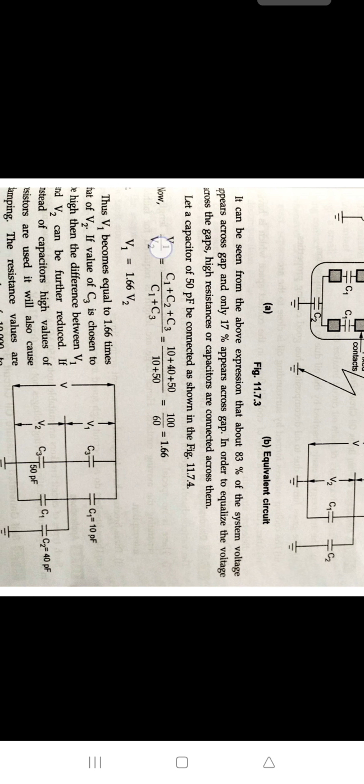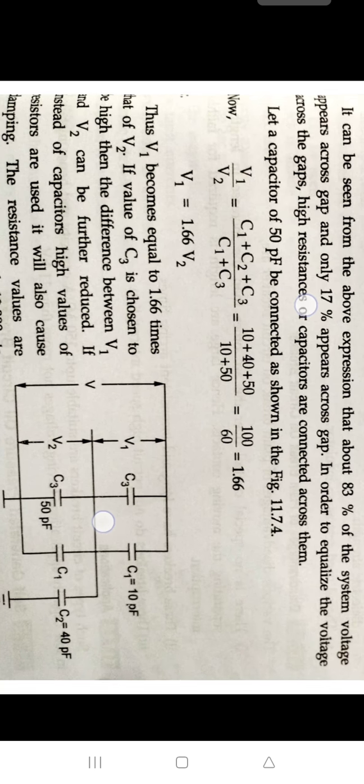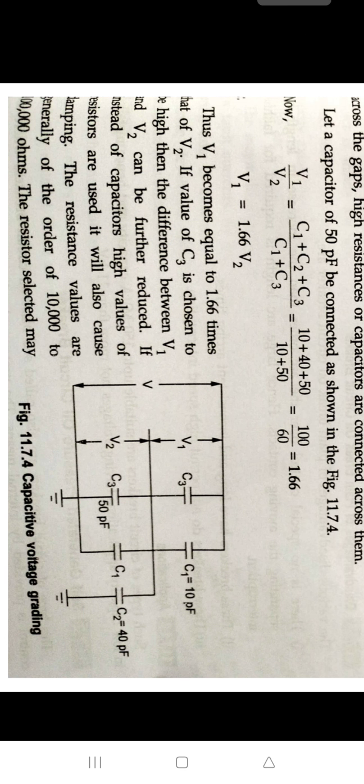In order to equalize the voltage across the gaps, high resistance or capacitance is connected across them like this. So let a capacitor of 50 picofarad be connected as shown here, C3.